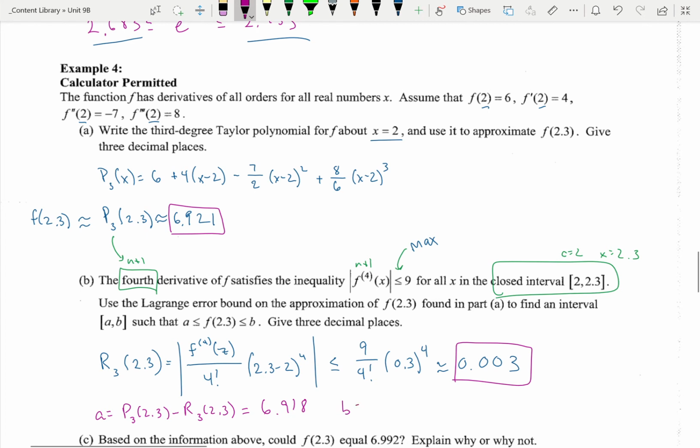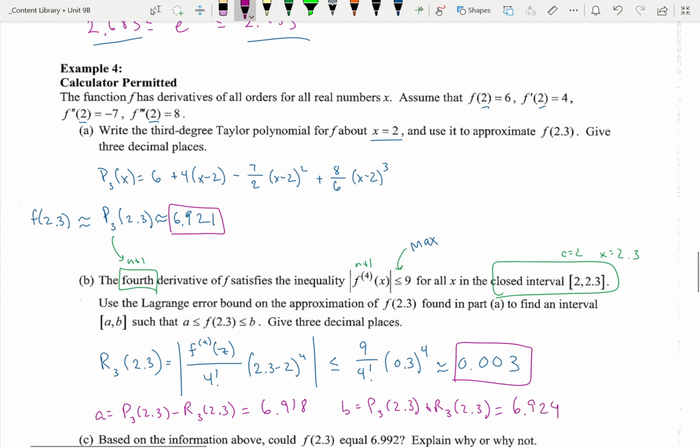My B value, we're going to do the same thing, except we're going to add our error. Okay, so that's 6.921 plus 0.003, so that's 6.924.